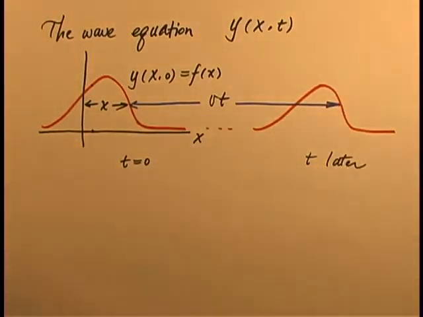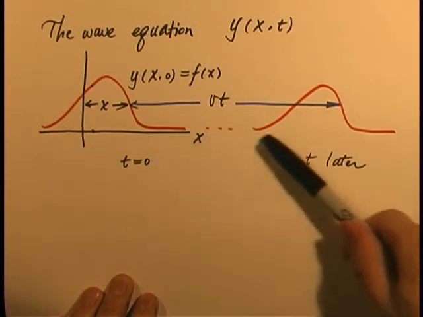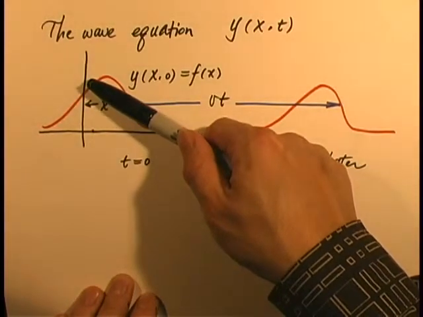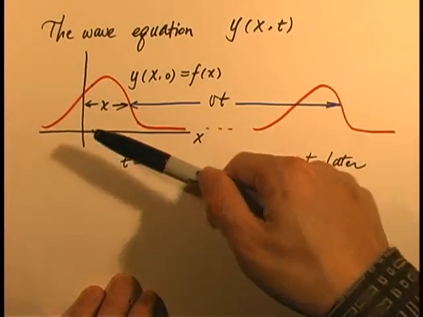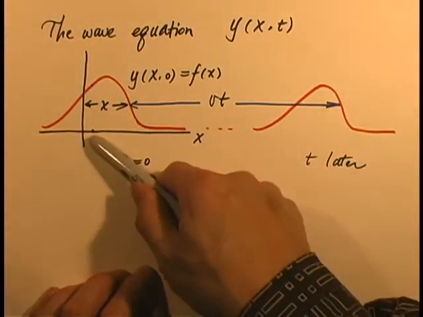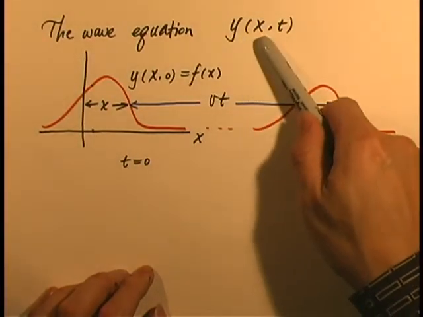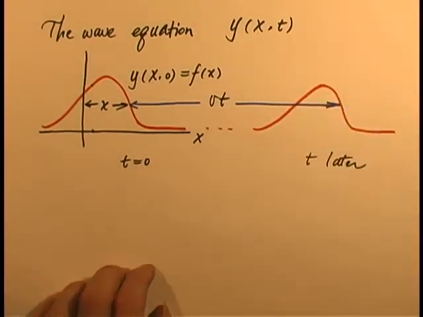Now, in general, as the wave propagates down the string, y, the displacement of the wave from its original position, is a function of both the location and the time. So we're looking for y as a function of both x and t. The question is, how do we find that?